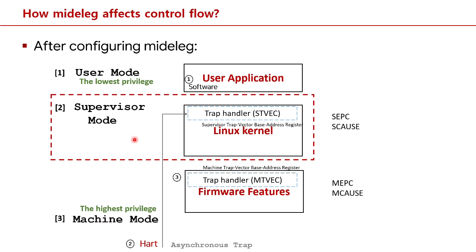But the Linux kernel is running in the supervisor mode. For this reason, all types of exceptions and interrupts should be taken to the supervisor mode. This is the main reason why the RISC-V architecture defines the machine interrupt delegation register.